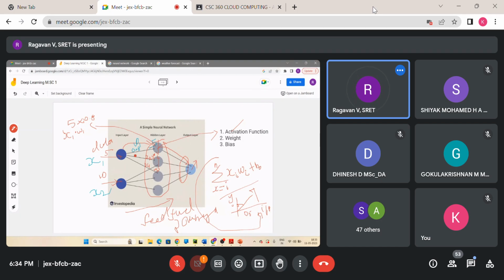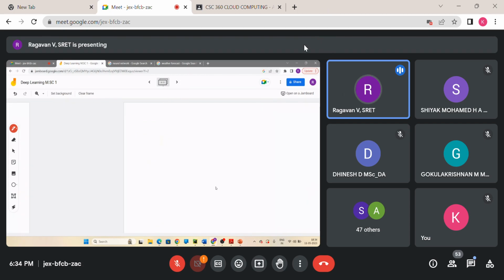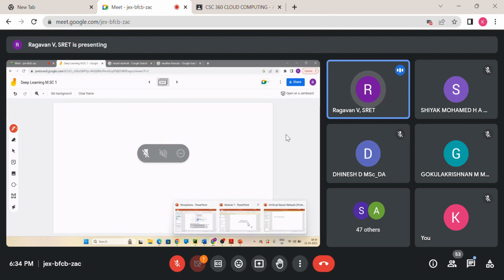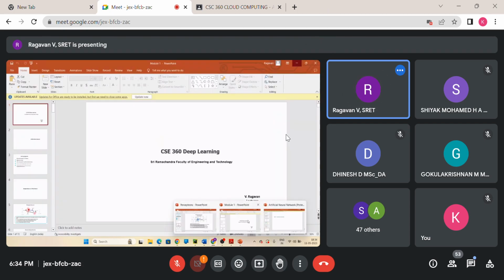So this is what neural network is nowadays. We can use it for weather forecast, image predictions, language translation. Everywhere, the neural network is ultimately used. It's a subset of machine learning. Fine. Now we will directly go to the concept.